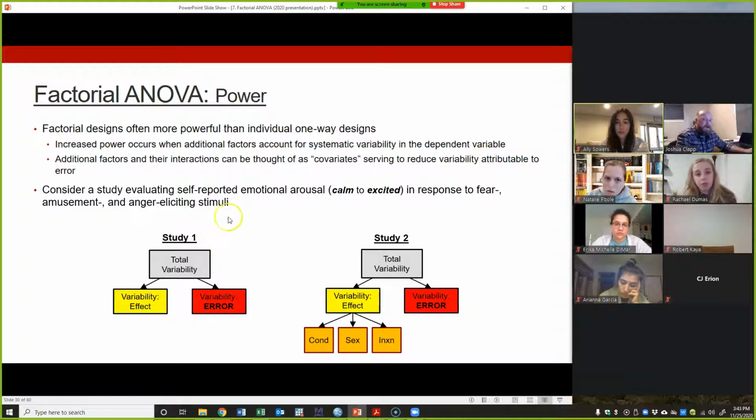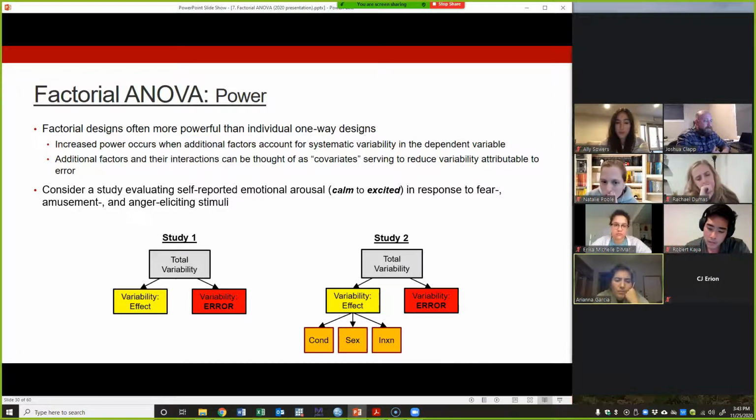Ari, in study 1, what happened to the variability that's due to participant sex? Where did that go in study 1 here? This might be wrong, but wouldn't it just get lumped together in the variability effect? Okay. Well, it might, but if I have a systematic effect of participant sex, right? And I'm not accounting for that in study 1 because it's just looking at differences across film.